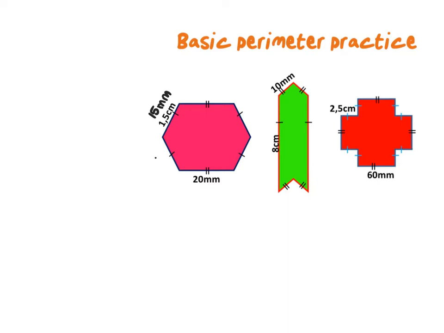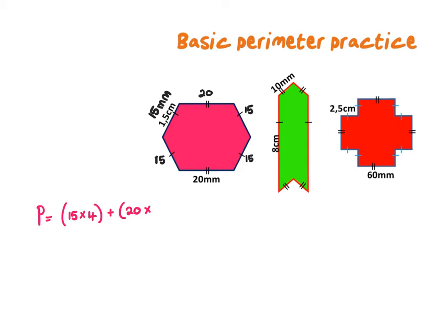It's always a good idea to go and fill it in on all the other sides that are also 15, and also fill it on all the other sides that are equal to 20. Now I can calculate the perimeter of this first shape. So the perimeter here will be 15 times 4, because there are 4 sides that are 15, and 20 times 2.